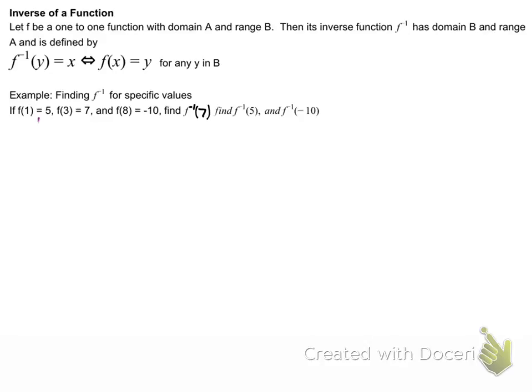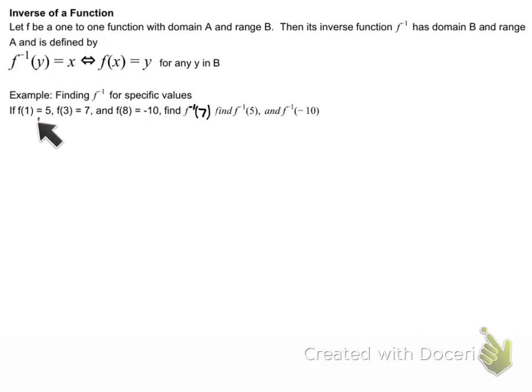The inverse, if you think about it this way, guys, inverses put you back where you started, right? So if this function, if I start with x and I get y, its inverse function starts with y and gives you x. So now it just wants you to find the inverse of these 3 here.